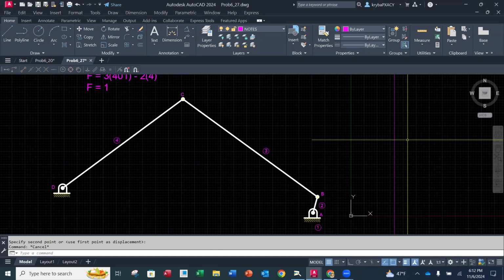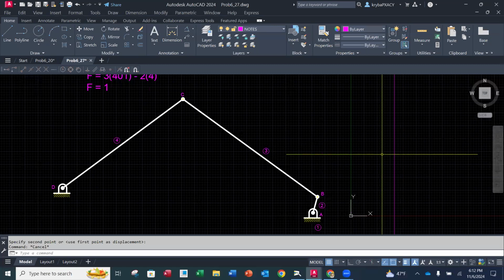I'll let you go ahead and get started on getting the kinematic diagram in place in the arrangement that we see there in that problem in the book. Make sure as you're doing that, you're using your standard symbols as well as labeling your links and your joints, because we'll be referencing those in our equations and such.